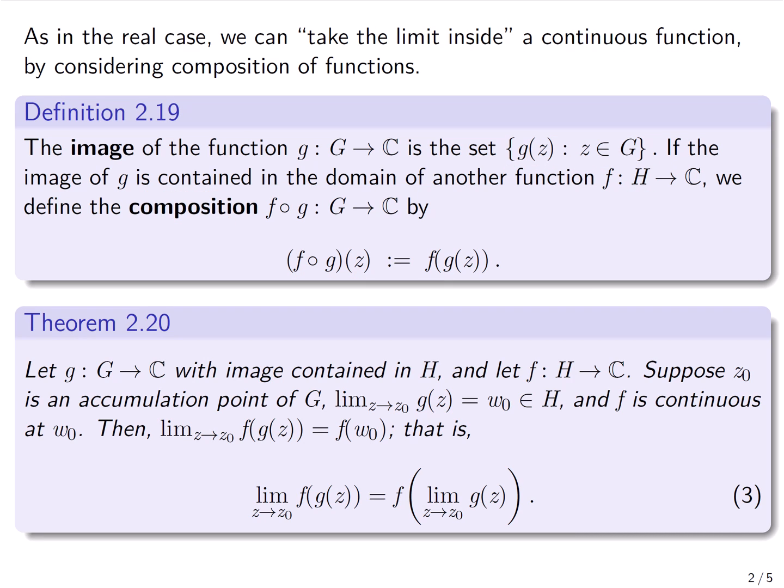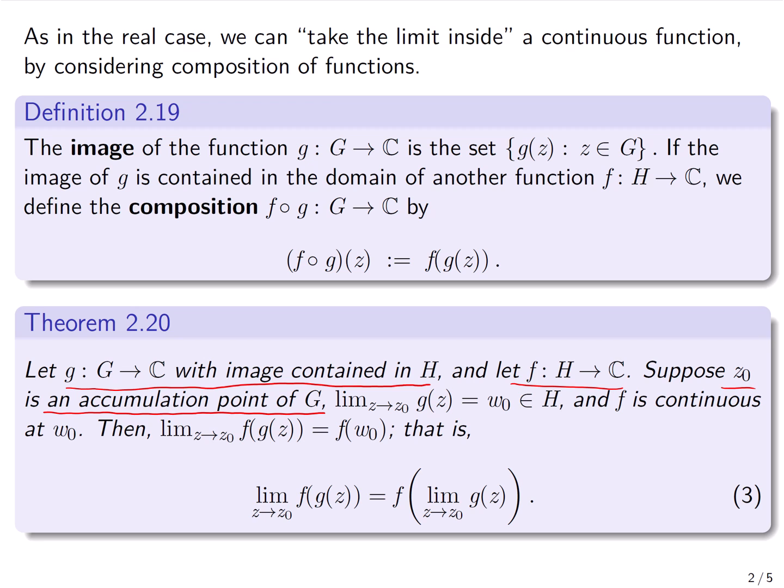It says that the g function has image contained in H, so it goes inside H, and the f function maps from H to C. Also suppose that z naught is an accumulation point. We know that we need that condition for the limit to exist.